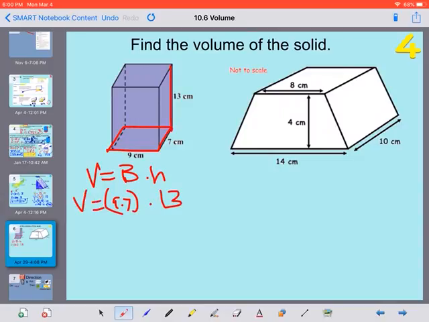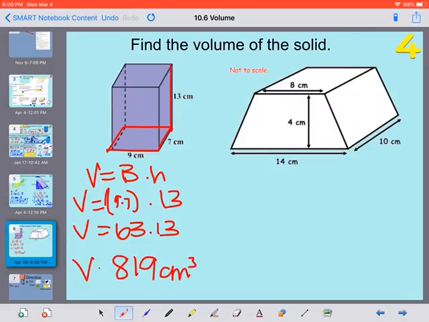It's easiest with just the rectangular prisms, I find, because they're all just regular numbers. 9 times 7, and then multiply by 13. 819 centimeters cubed. If I wanted to fill this cube with slime, I would need this much slime to fill it up.